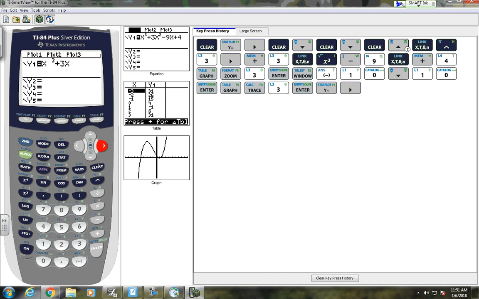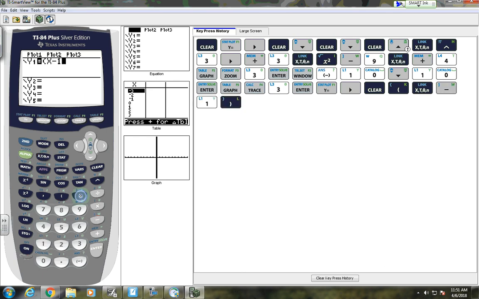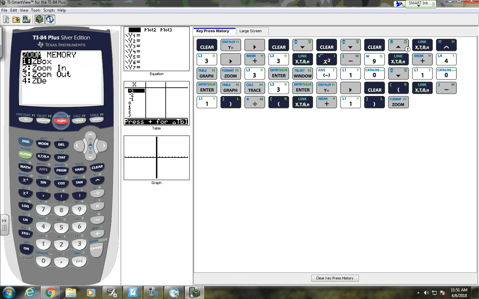I'm going to clear the function I was working with previously, and I'm going to type in my new function. Be careful how you type this in. Make sure you get both your numerator and your denominator in a set of parentheses. And remember last time we changed our viewing window, so to reset it, I'm going to do zoom number 6 standard, and it's going to construct the graph.